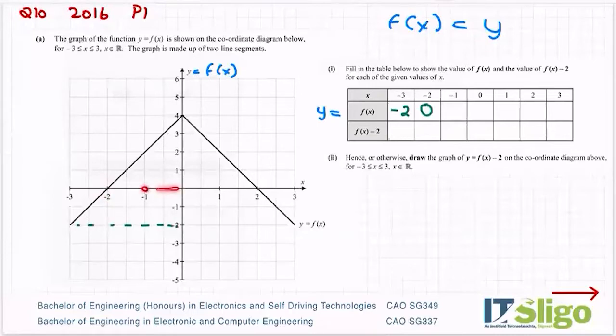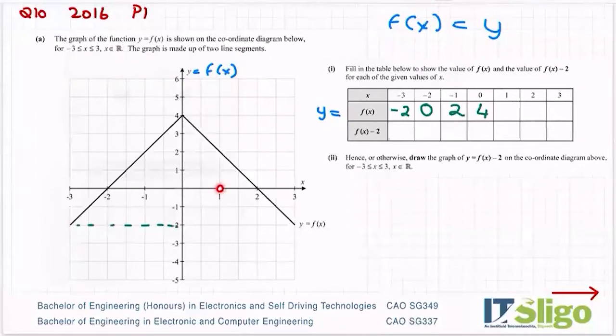When x is minus 1, I find my function, which is up this time. What value of y is that? That's y equals plus 2. When x is 0, y is 4.